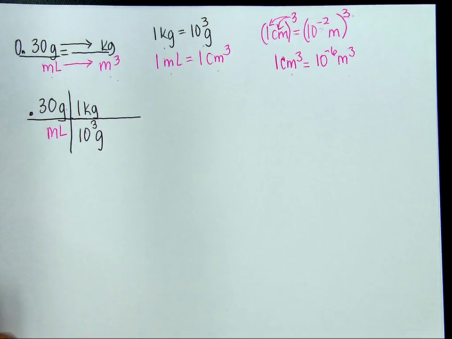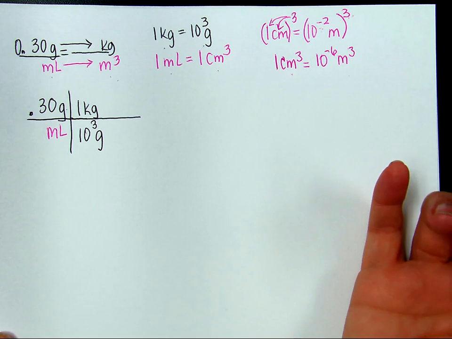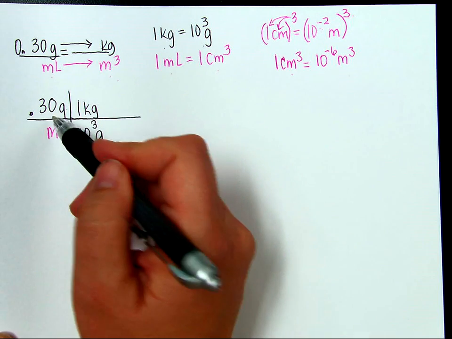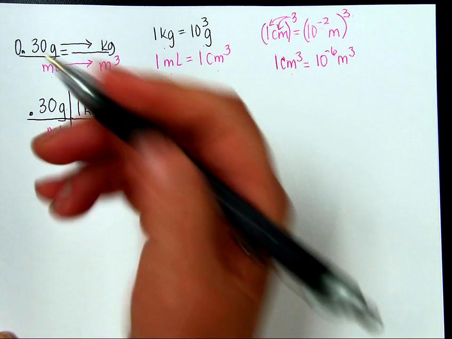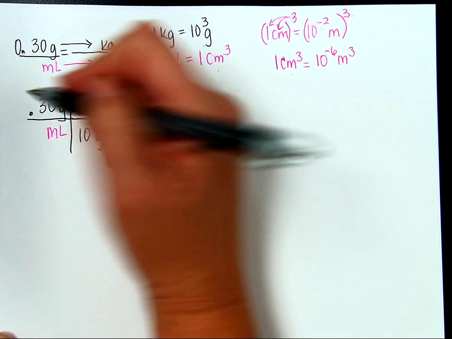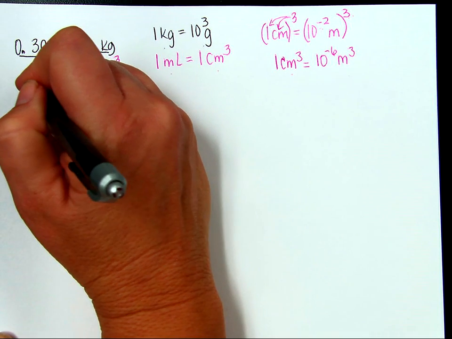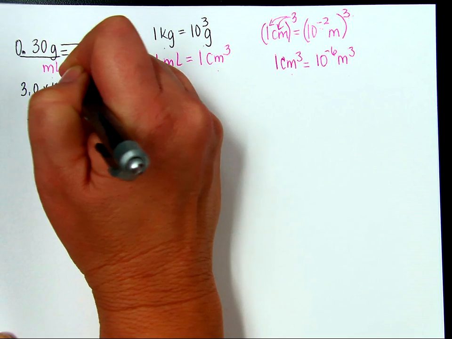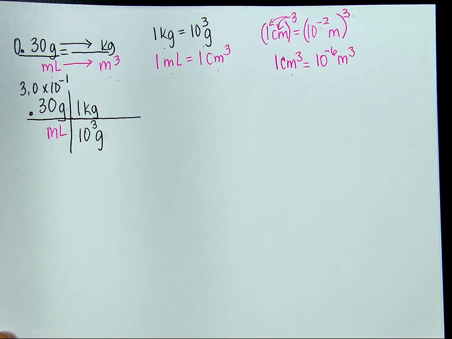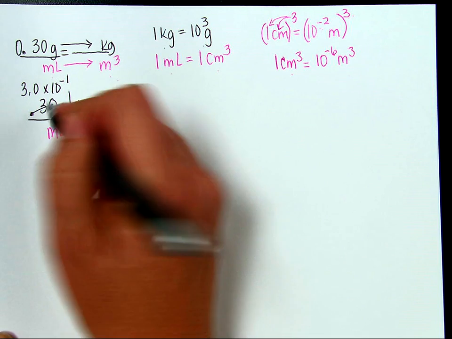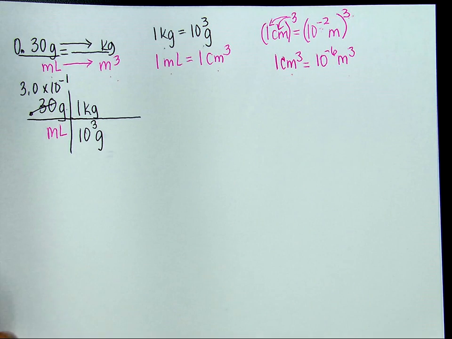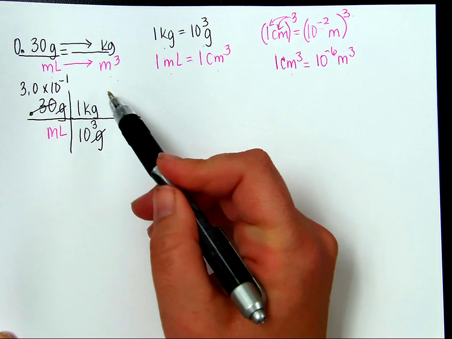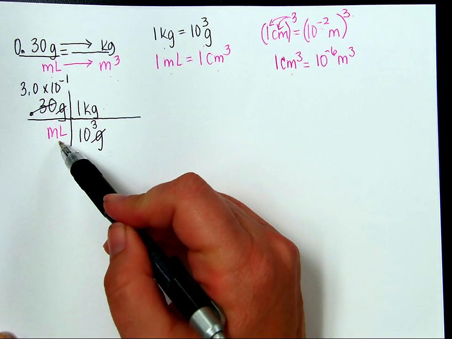Now also, ladies and gentlemen, since this is a completely metric conversion, I'm going to recommend that you put that 0.30 into scientific notation. That's going to be 3.0 times 10 to the minus 1, and again, it's grams. Perfect. My gram unit is going to cancel. My units right now are kilograms per milliliter.